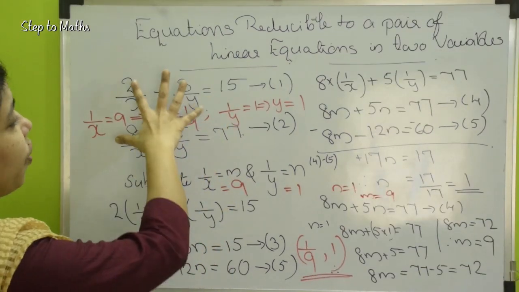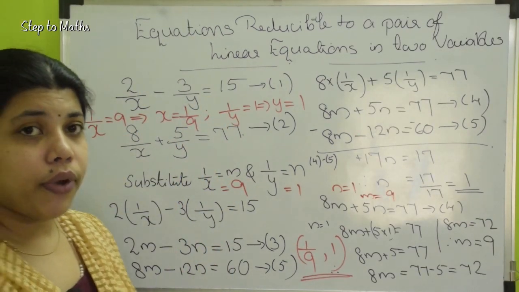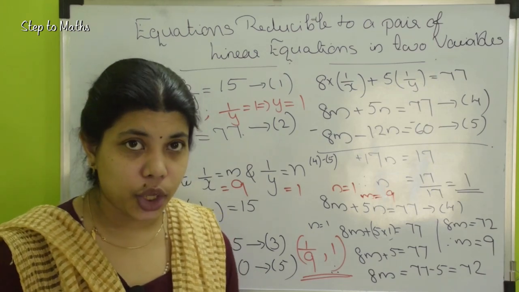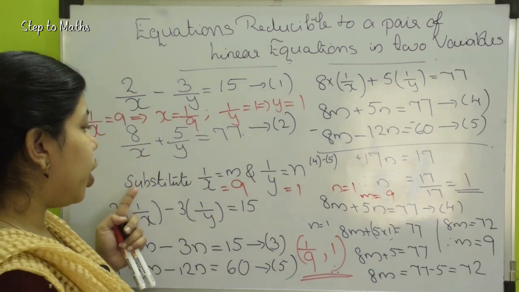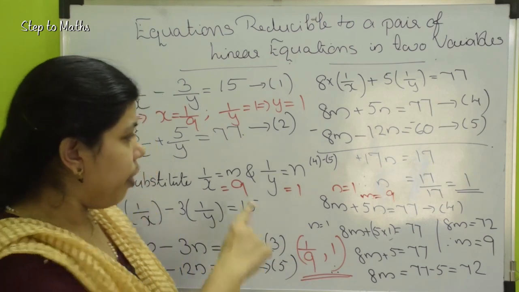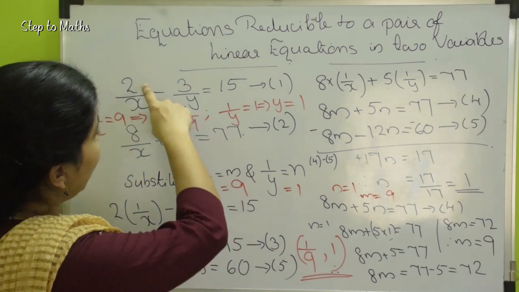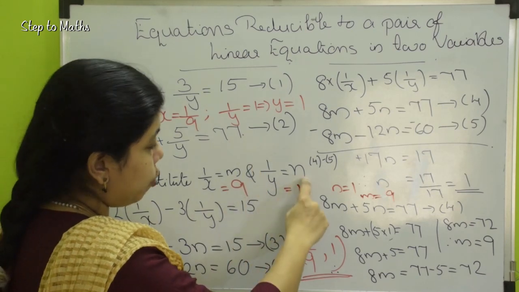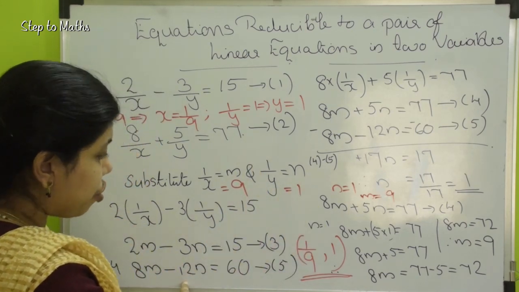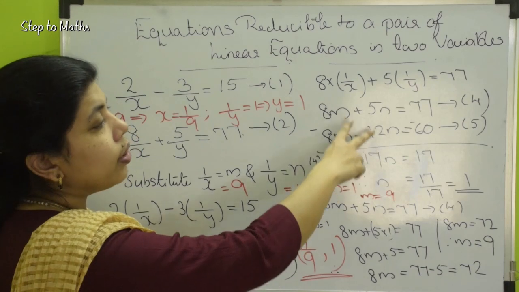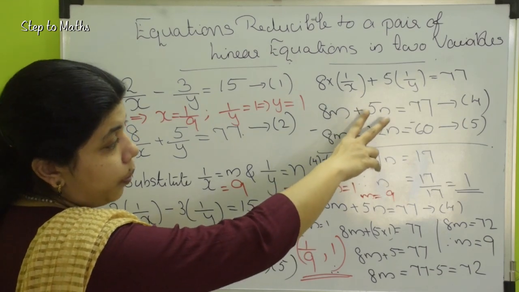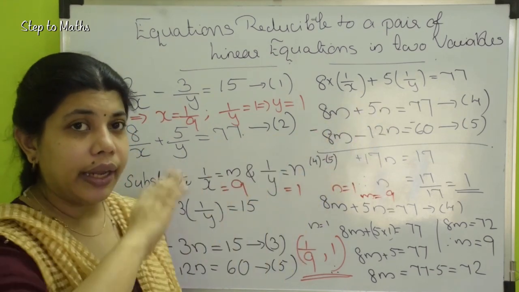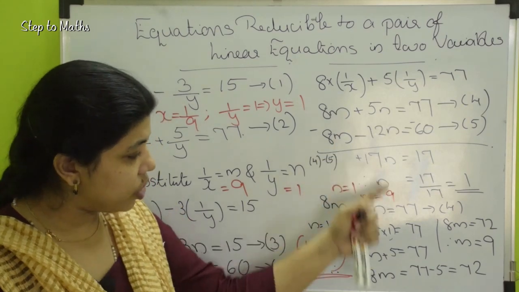Here the given equations are not in the standard form of linear equations. To convert them into standard form, we make some substitution. Here we take 1 upon x is equal to m and 1 upon y is equal to n, and make the substitution. We get simultaneous equations in standard form, and we solve.